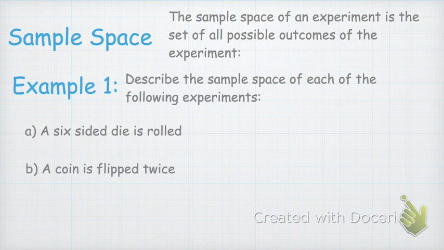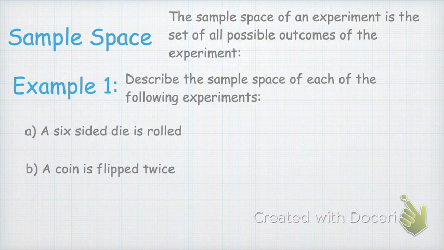So, first thing, when we're defining probability, we're interested in what's called a sample space. And so a sample space is all the possible outcomes of something. For instance, if we wanted to know the probability in rolling a dice, then we'd be interested in what are the possible outcomes of rolling a dice.